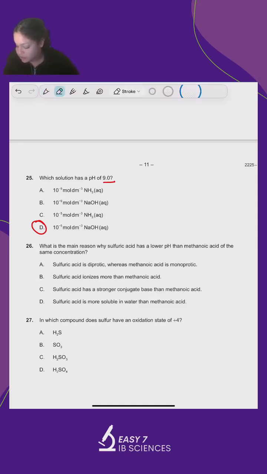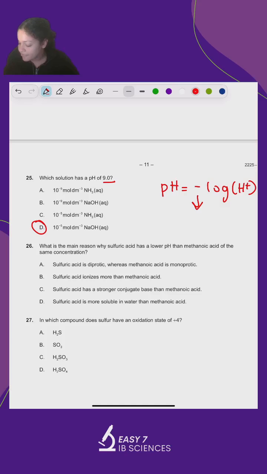So what you want to do is use the equation where the pH is equal to, anyone know the equation, by the way? Negative log base 10 of the hydrogen ion concentration. Remember that you can rearrange this into the hydrogen ion concentration is equal to 10 to the negative pH.